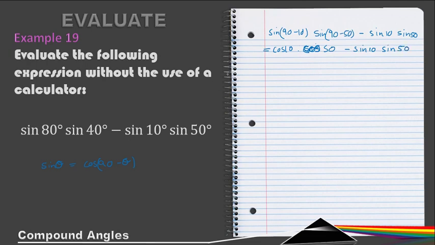Okay, so one of two ways, I've just done both. You can think about this as the complementary angles, or you can use reduction to change your sine into cos. Our aim with this was just to get the same angles, 10 and 10 and 50 and 50.